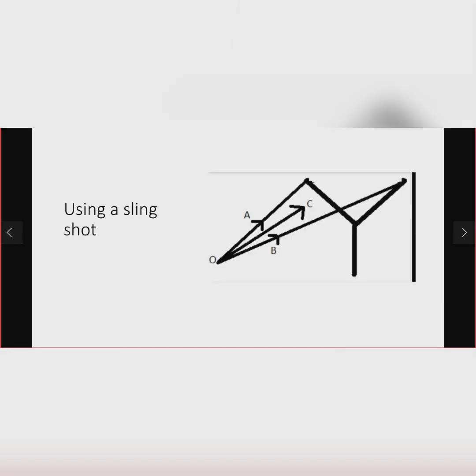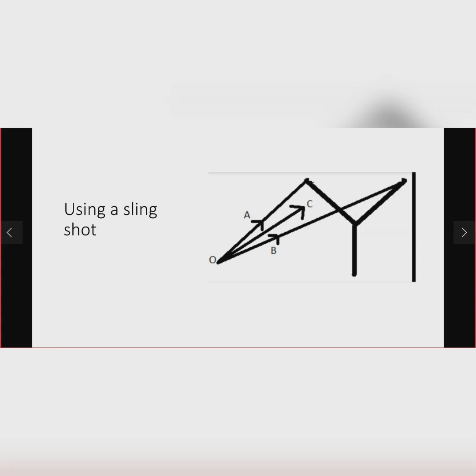Then we have the slingshot. In a slingshot, the object which needs to be thrown to a distance is kept at point O. When you stretch the strings, the two forces act along the OA direction and the OB direction, and the resultant of both these forces will act on the object which is kept at point O. It takes it in the direction of the resultant of two vectors, that is along the OC direction.